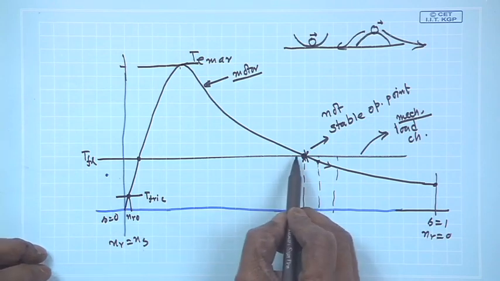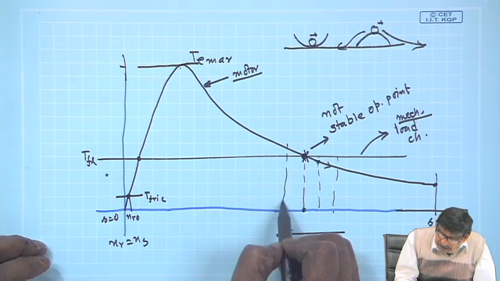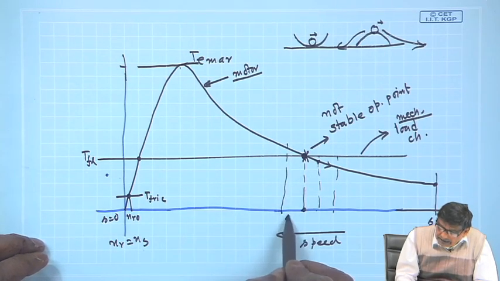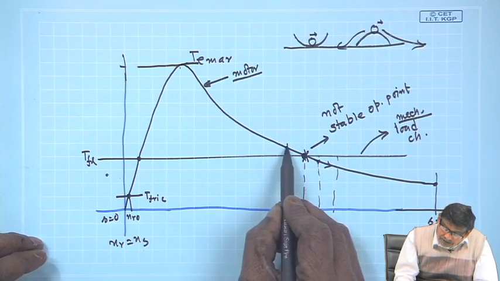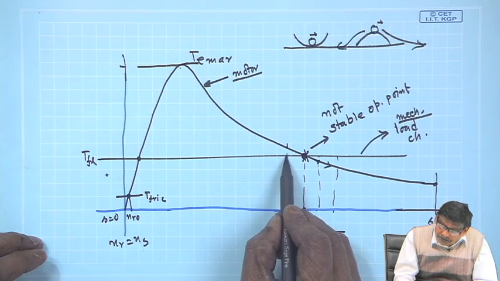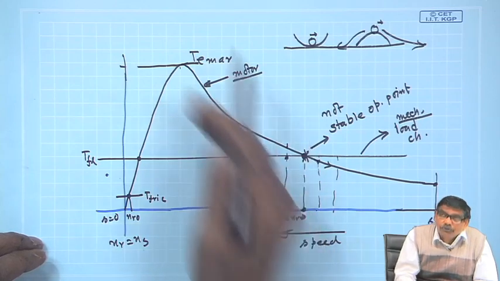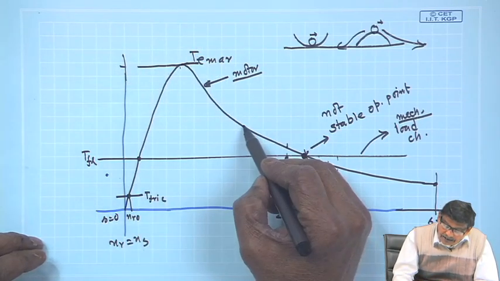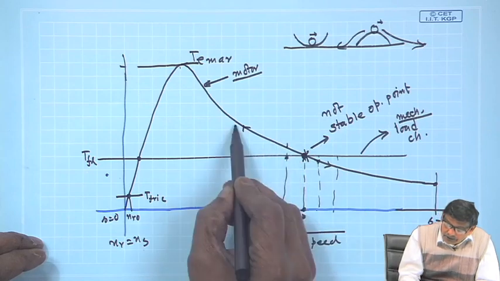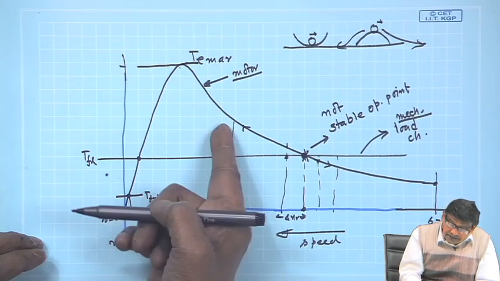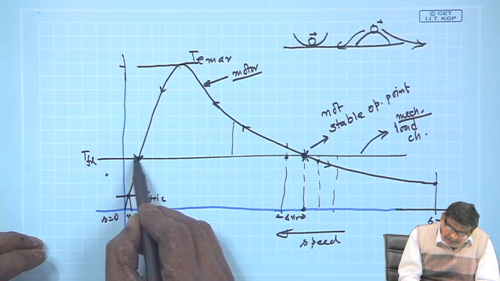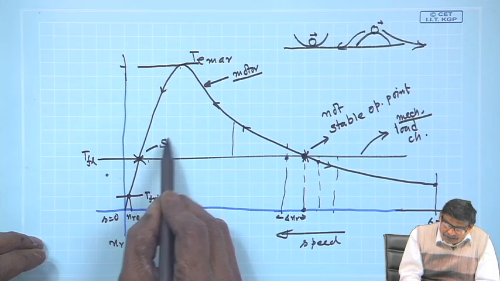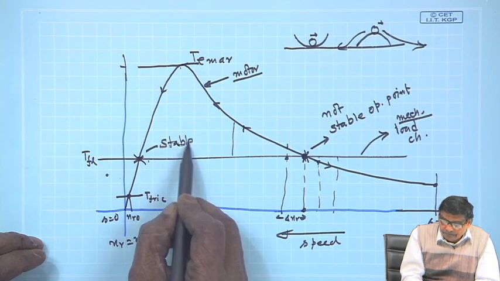Similarly, if there is a disturbance this side, delta n r, you immediately conclude, electromagnetic torque is this and opposite load torque is this, the motor will accelerate, and it will accelerate means it will go here, it will come here, still it is greater than, accelerate, and finally, this is the stable operating point, it will settle down here.